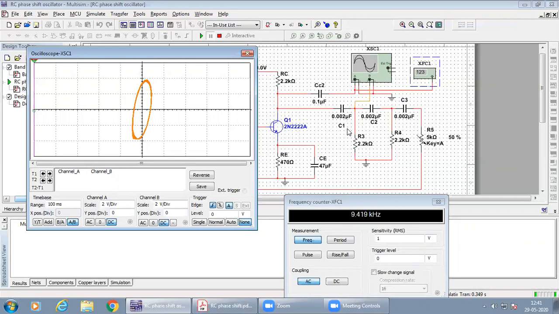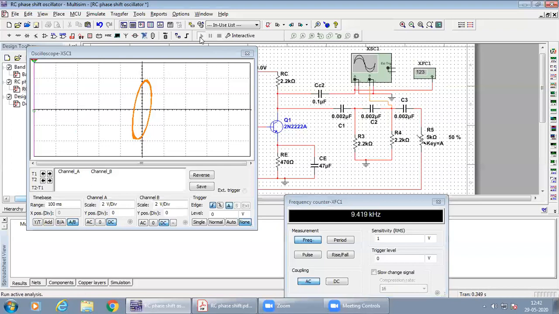Now let's shift the point to the second RC network. So I'm going to stop the simulation and do the wiring. Connect it at the output of C2 and R4. So 60 plus another 60 should give me a phase shift of 120 degrees.